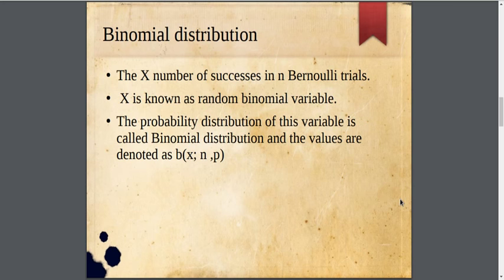The binomial distribution is basically the X number of successes in N Bernoulli trials. So let's say that you toss a coin again, like the classic example, that you toss a coin 7 times, and you want to know the probability to get 4 tails out of those seven tosses.